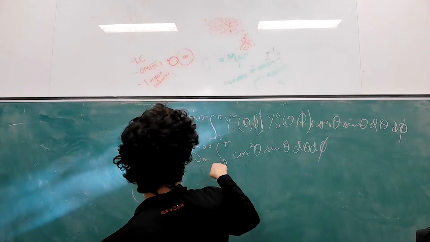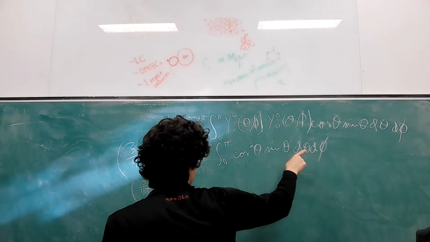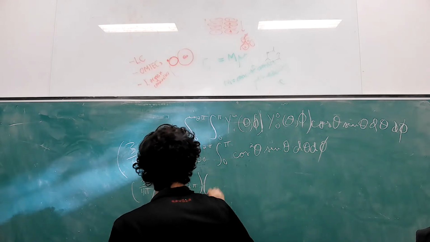And then you have your 2 pi from integrating 0 to 2 pi for the phi, times 2/3.